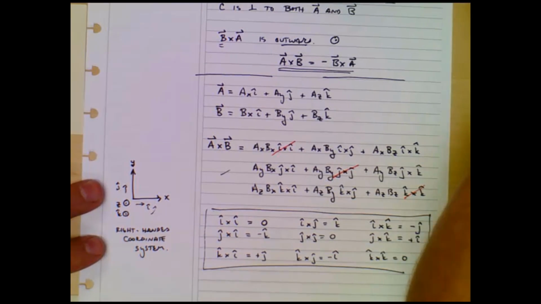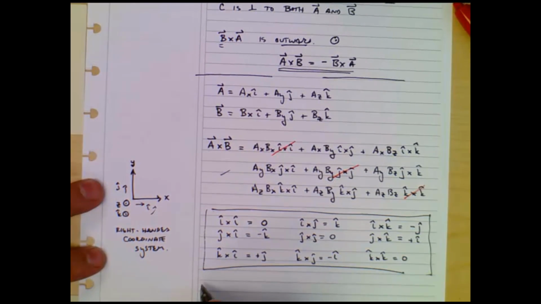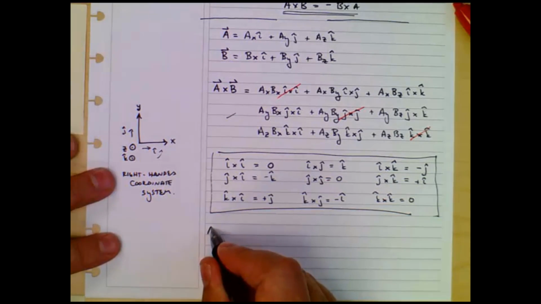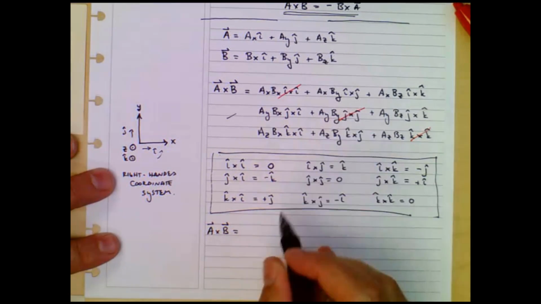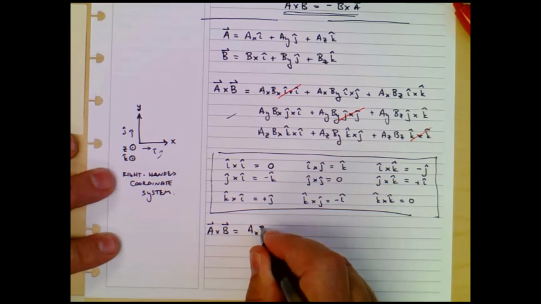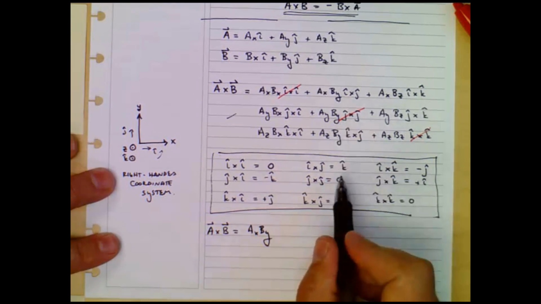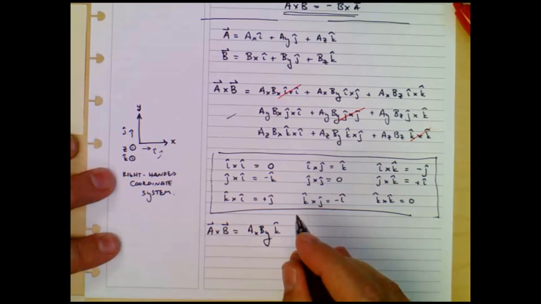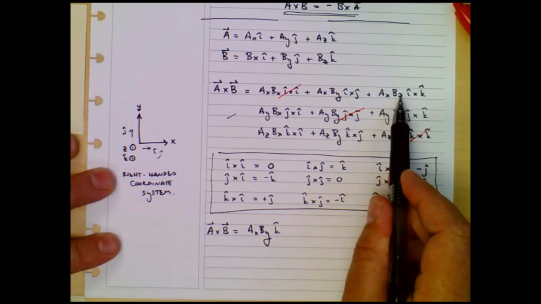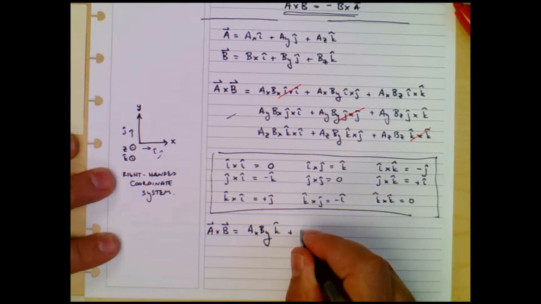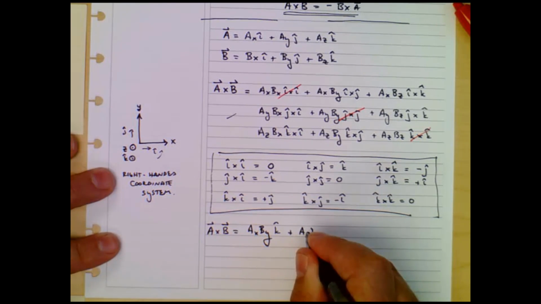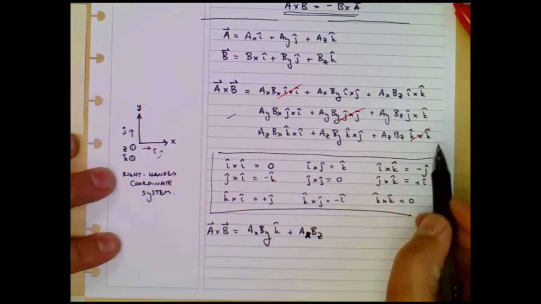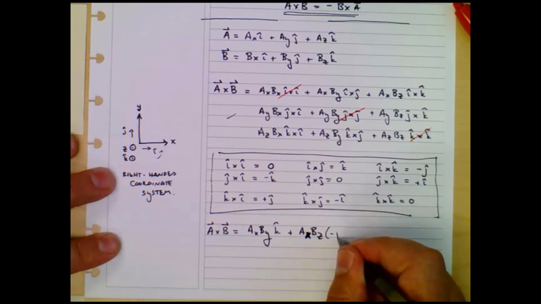And then the others we can just write down. So let's do that. We've got a cross b is equal, first term a_x b_y, i cross j is k hat. We got a_x b_z, how about I write what I say? a_x b_z, i cross k is minus j hat.